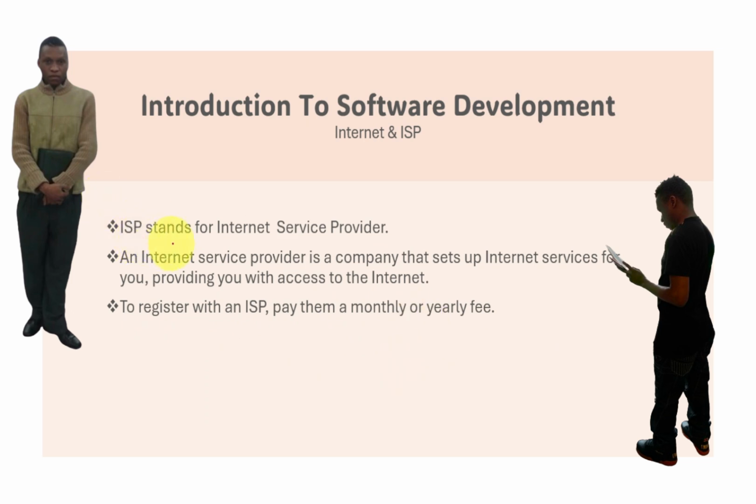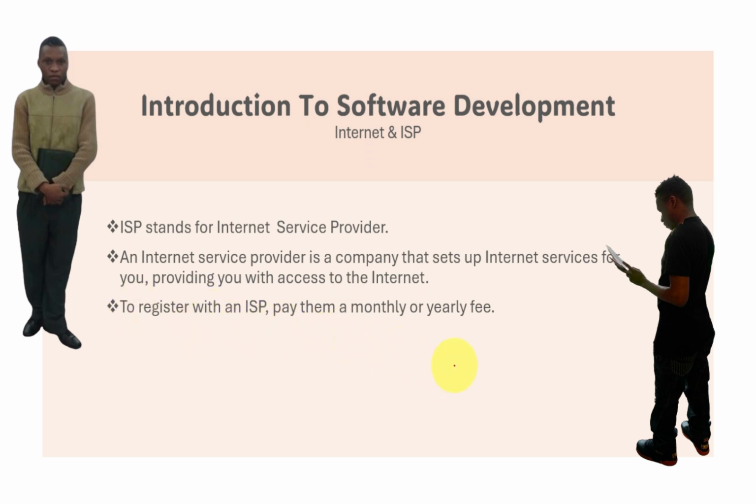ISP stands for Internet Service Provider, and the Internet Service Provider is a company that sets up the internet service for you, providing you with access to the internet. To register with an ISP, you pay them monthly or yearly.